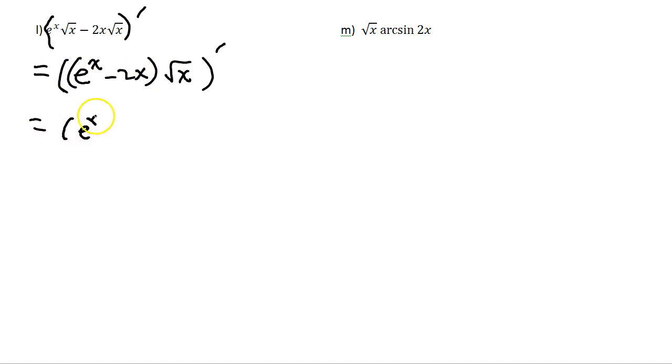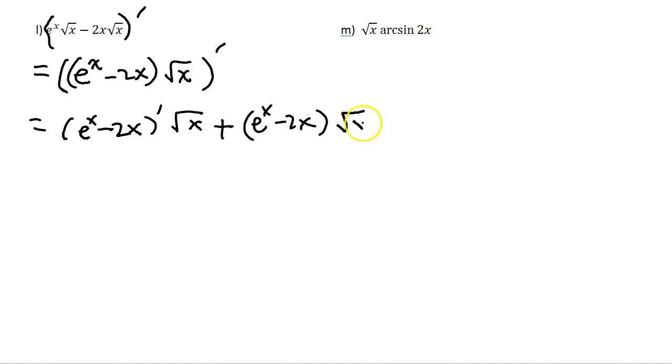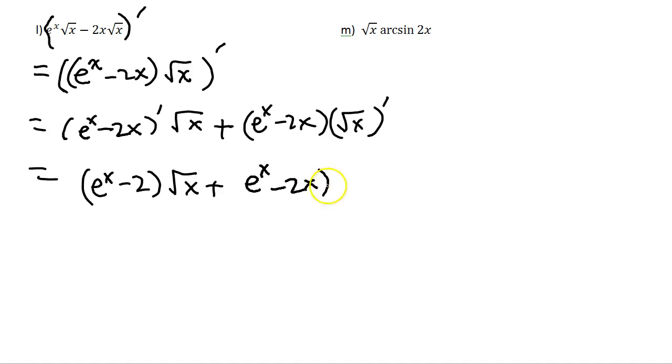That gives you e to the x minus 2x times square root of x, then minus, no, actually plus, e to the x minus 2x is untouched, but you have to differentiate square root of x prime. e to the x differentiates to e to the x, 2x differentiates to 2, and square root of x differentiates to 1 over 2 radical x.